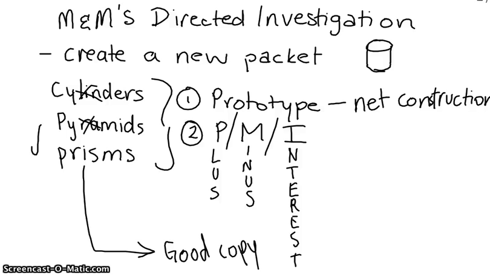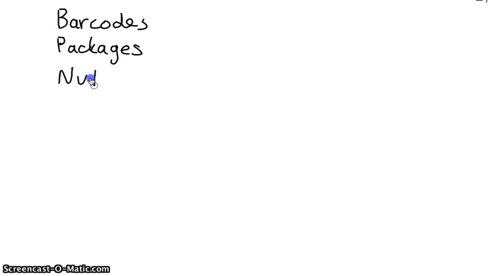So if we go to a new page, we're going to be looking at barcodes, packaging. What else is on your packet there, Ryan? Nutrition information, that best before date, ingredients, information about it. Good.